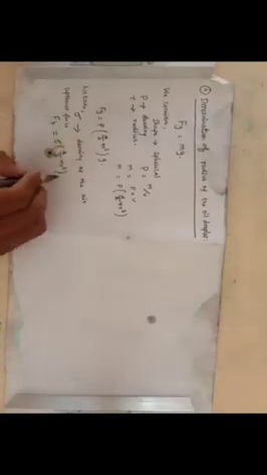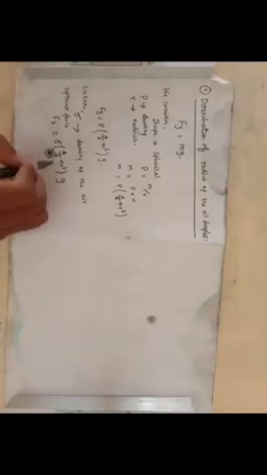Here the mass we can take using density into 4 by 3 pi r cube, and the acceleration is g. So Fb is equal to sigma into 4 by 3 pi r cube into g. So this is the buoyant force. The buoyant force means there is an upthrust force given by the air medium to the oil drop.